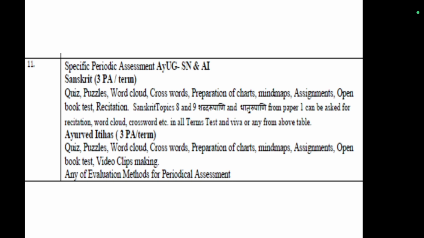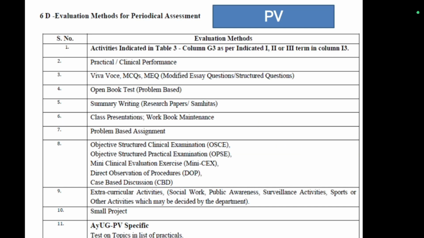Again we can see in this there are 3 periodic assessments or terms which can be conducted in different ways. For the same Ayurveda Itihas it is mentioned. Same for Padartha Vijnana, 1 to 10 are same, the 11th is specific to Padartha Vijnana.